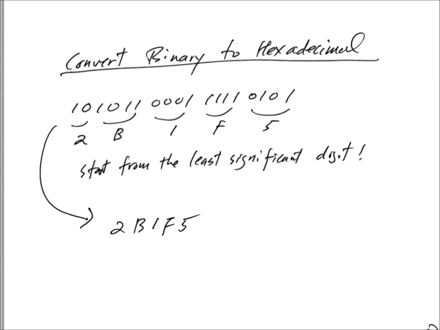Okay, now let's look at converting a binary number to a hexadecimal number. To convert a binary number to a hexadecimal number, we need to collect 4 bits, from the least significant digit to the most significant digit this way.